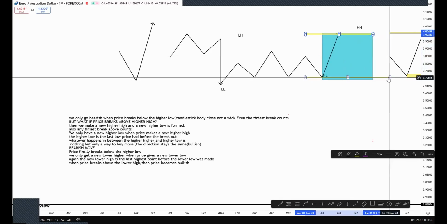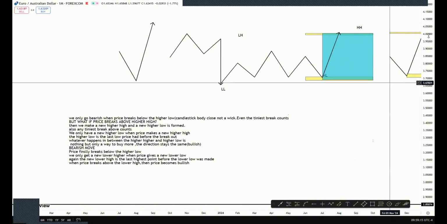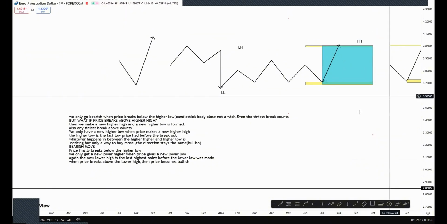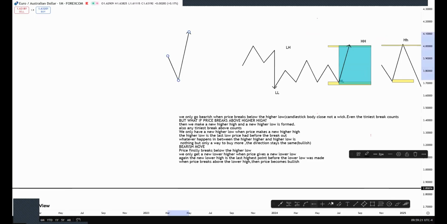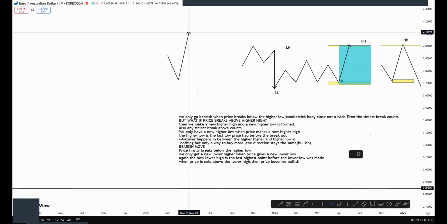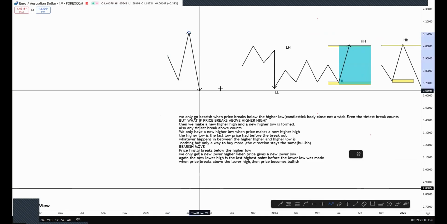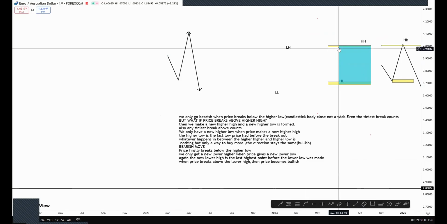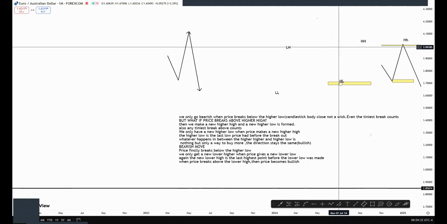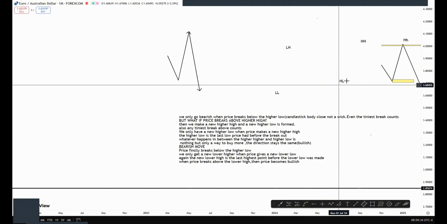Okay. So you've seen how many things I've just taught you with one single push, which is this break, when you get that break. You see? So this should show you that price can do a lot of things.